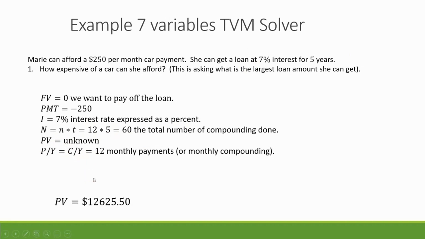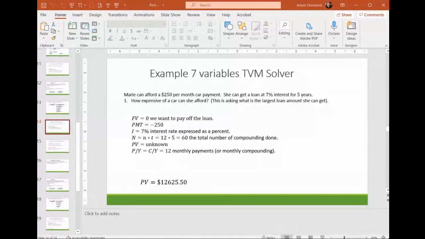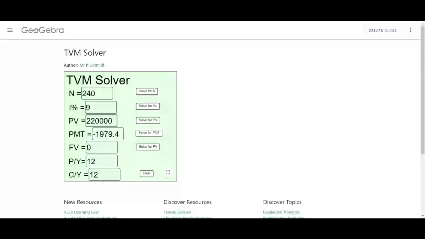All right, and so again, let's put that in the solver, the wonderful TVM solver that we all like. So we have capital N, 60. A capital I of 7, right?